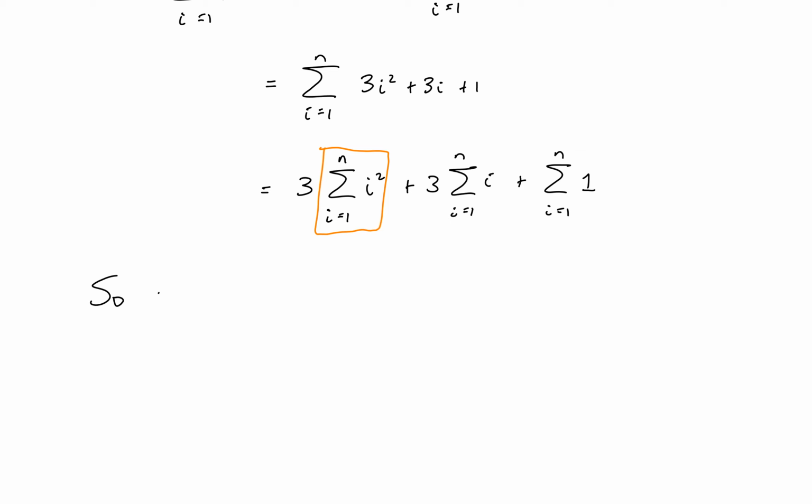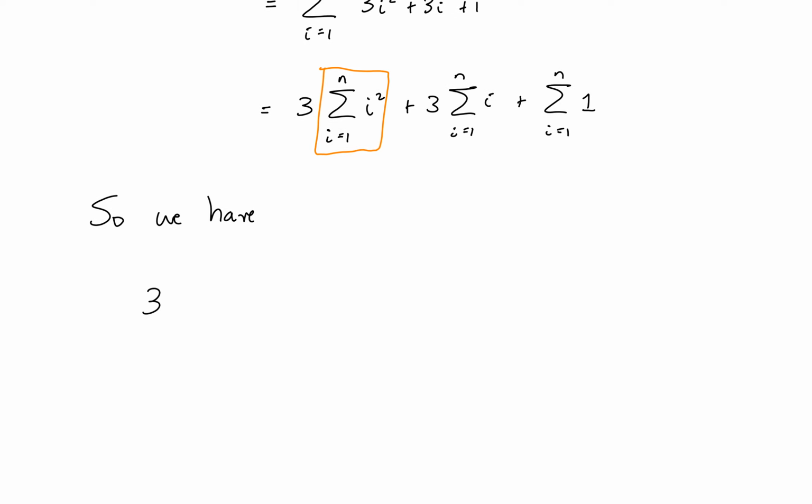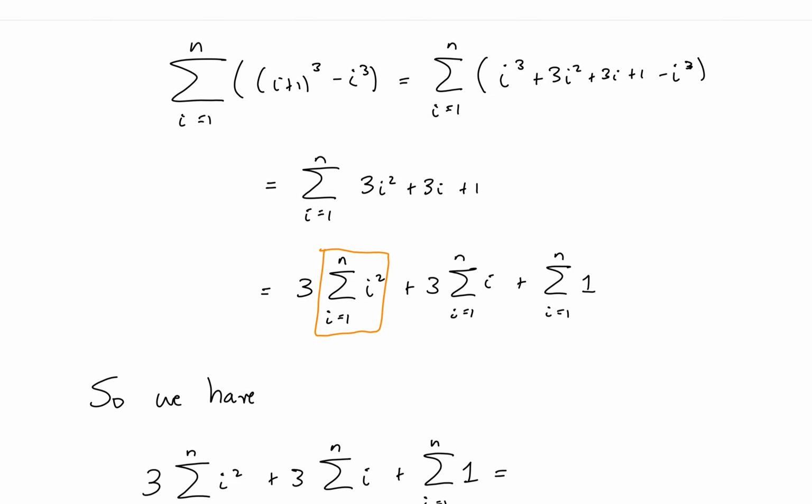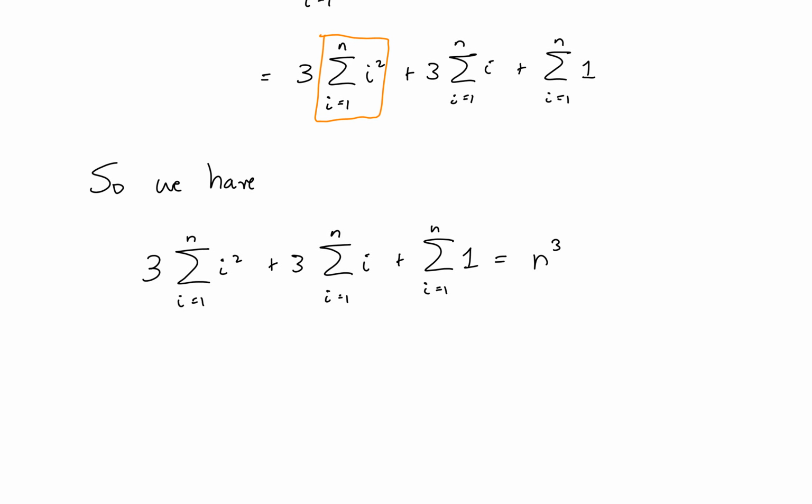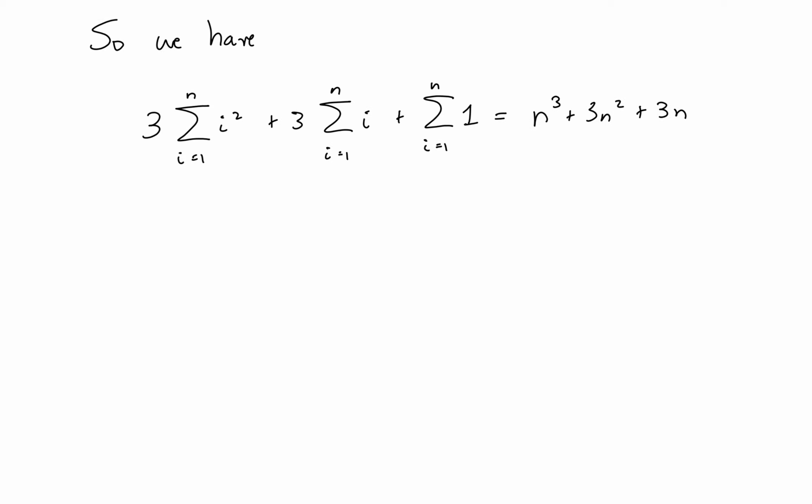So we have, in particular, the summation from... this is equal to what we calculated above, which was n cubed plus 3n squared plus 3n. So now let's solve for what we're interested in.